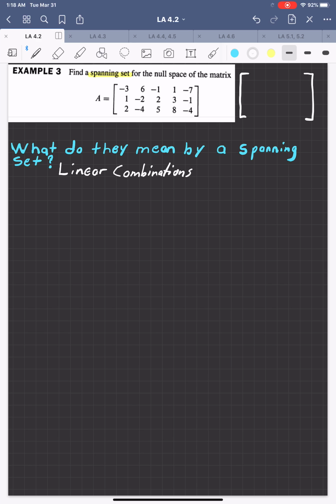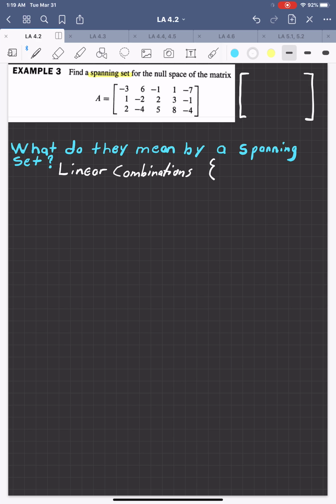So what do they mean by a spanning set for the null space of matrix A? A spanning set is basically the linear combinations that would span all of the null space.